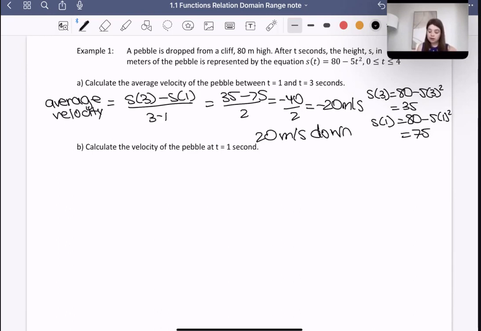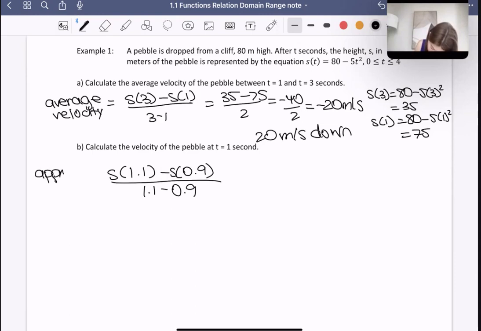So what I'm going to do is I'm going to find the average rate of change from 1.1 to 0.9. Okay, this is going to be our approximate instantaneous rate of change.